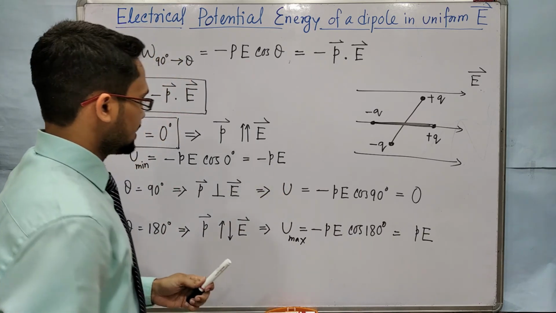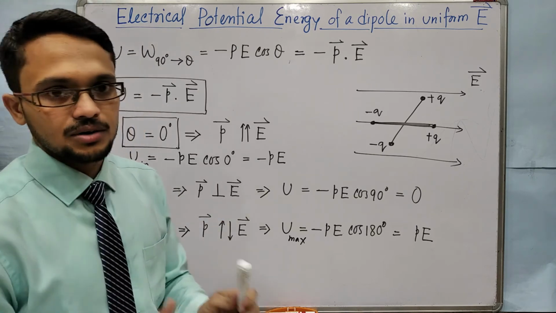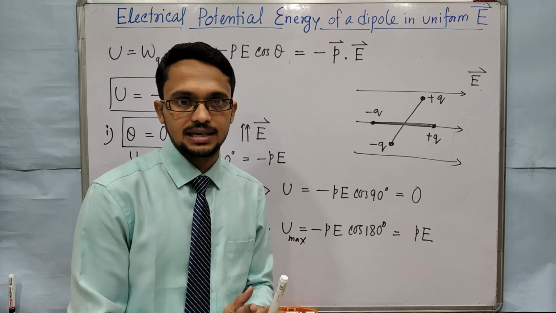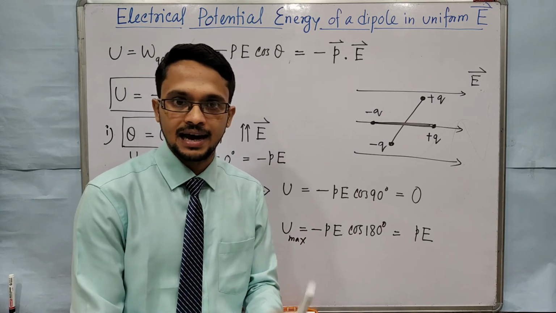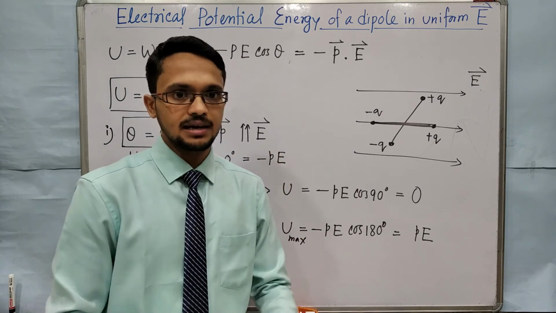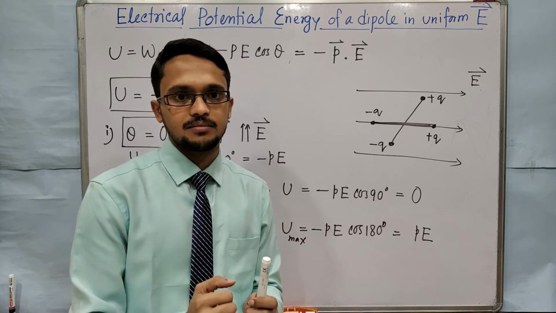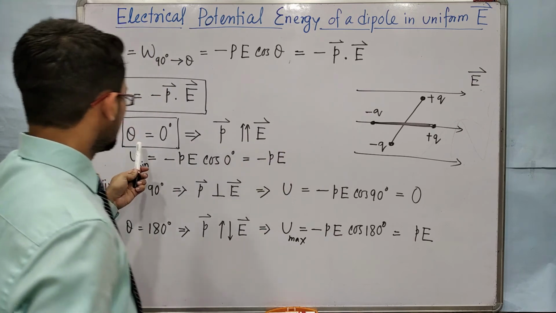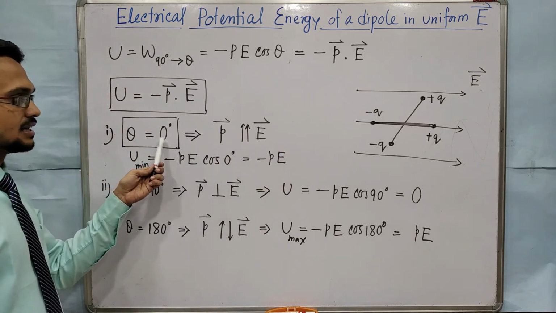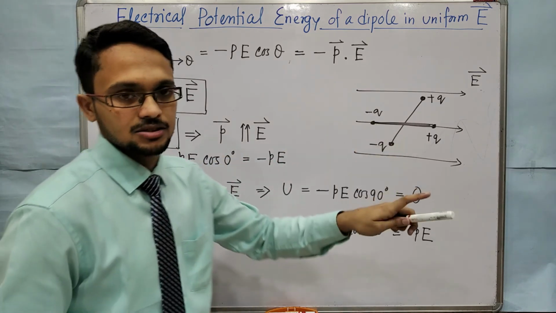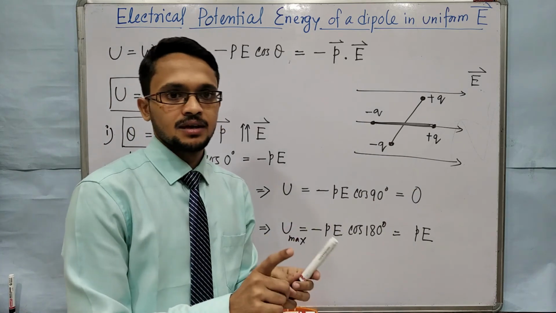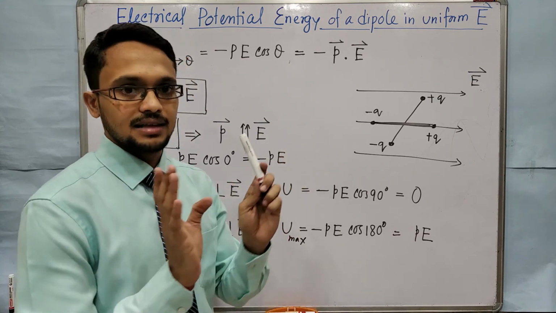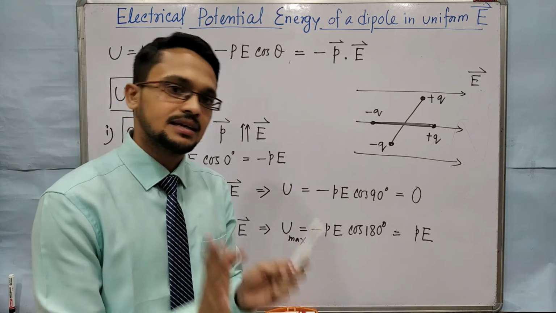And I have told that everything in the world wants to have minimum potential energy. When an object has minimum potential energy, that means that object is at equilibrium. So when the dipole makes an angle 0 degree with the electric field intensity, that means when the dipole is parallel to the electric field intensity, then the dipole will be in equilibrium.